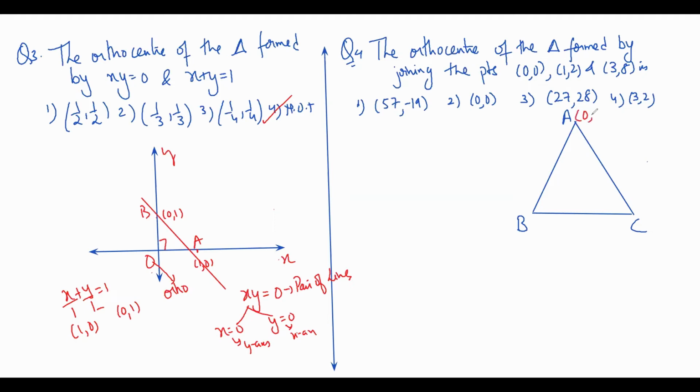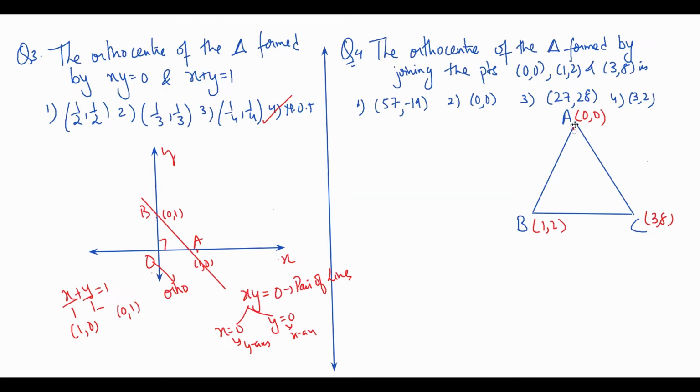This point is (0, 0), this point is (1, 2), and this point is (3, 8). Whenever one of the vertices is the origin, always take that point as A (0, 0), so it is easy to check the slope. Put the origin at this place and these two as B and C. And according to the definition, I am going to solve this question.